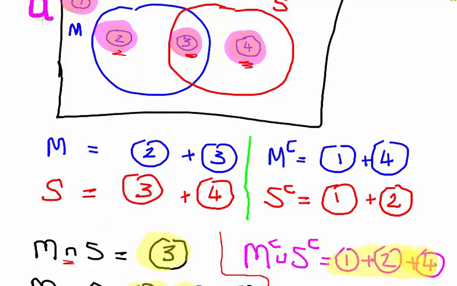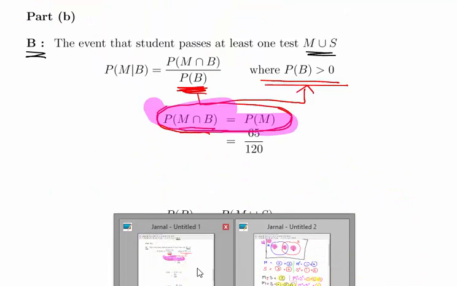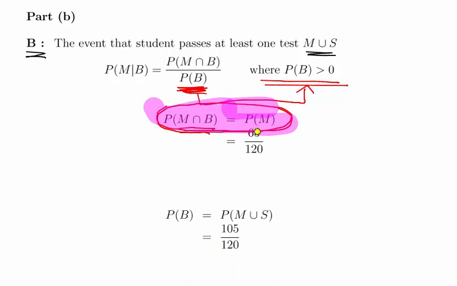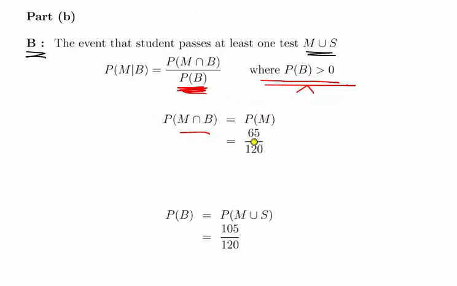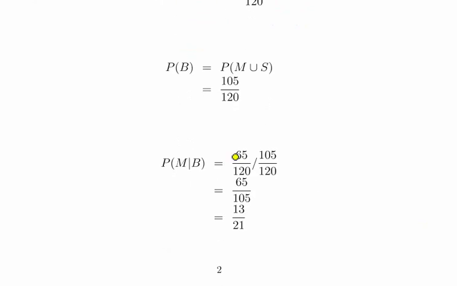I know it doesn't come immediately to you, particularly when you're new to this stuff, but that actually is fine to say. So essentially, what's that there? Probability of M, that's 65 over 120. Probability of B is 105 over 120. So essentially our answer is 65 divided by 105.